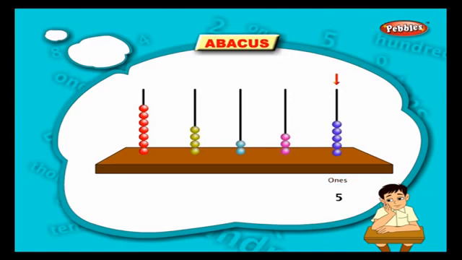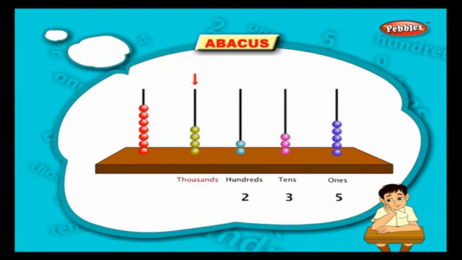Move 1 step left. You have 3 pink balls in the tens place. It means there are 3 tens. 1 step to the left, you have 2 blue balls in the hundreds place. It means there are 2 hundreds. Next, there are 4 green balls in the thousands place.